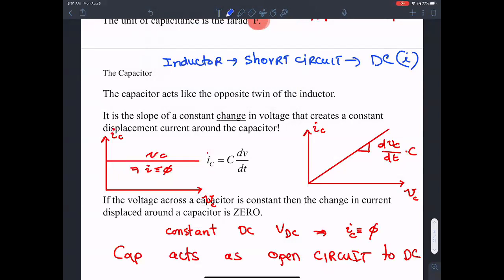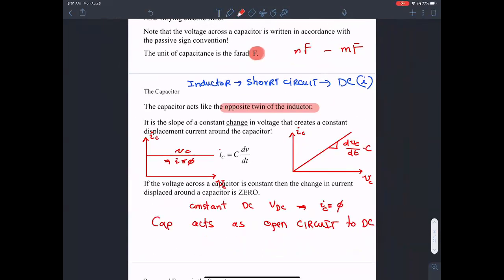Similarly, remember, capacitance is the opposite twin, the evil twin of the inductance. So capacitance acts as an open circuit to constant DC voltage, and the amount of current set up in the capacitance is really 0. Make sense?